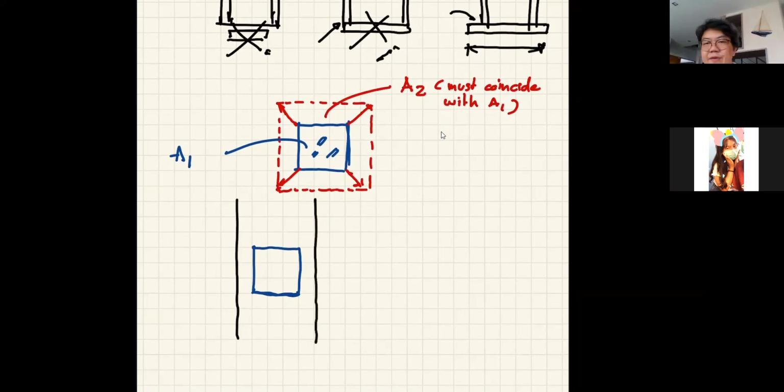Because the area A2, by using the one-on-one distribution, would have to go 45 degrees and must coincide with A1, I will go out, and you see, that's where I hit the natural barrier of the concrete. I don't have any concrete anywhere outside this.